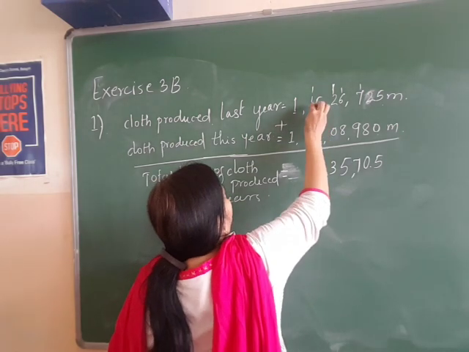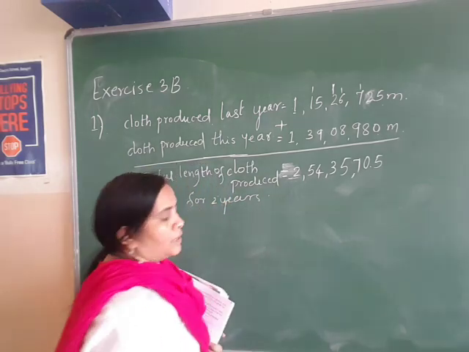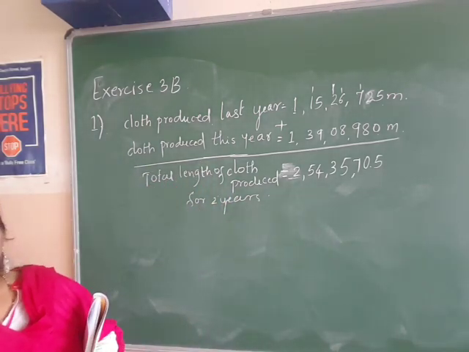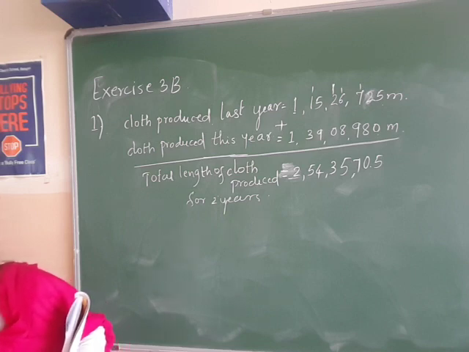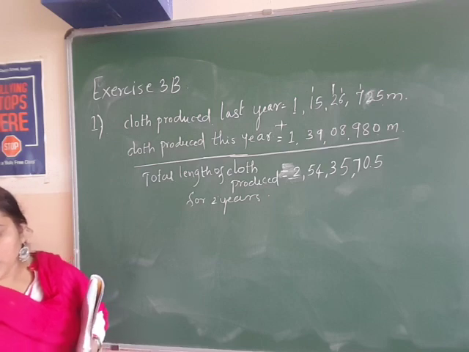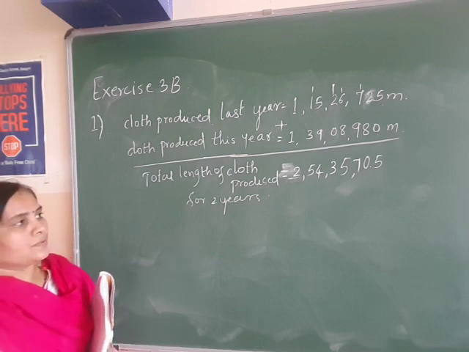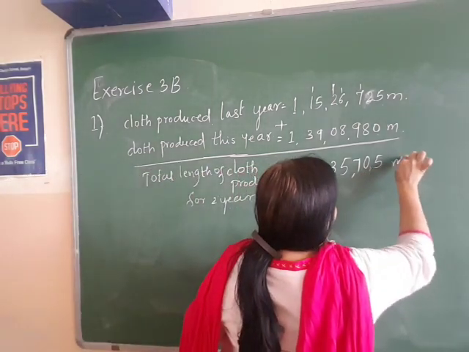So 3 plus 1, 4, 5 and 2. So the length produced is 2 crore 54 lakhs 35,705 meters, the total length produced.